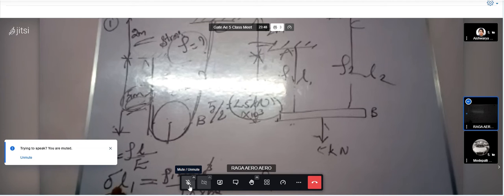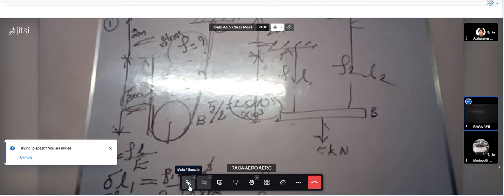Similarly, we can do it for length 2, stress 2. This is your length of the second rope. Now, since both deflections are equal, we are equating those things.